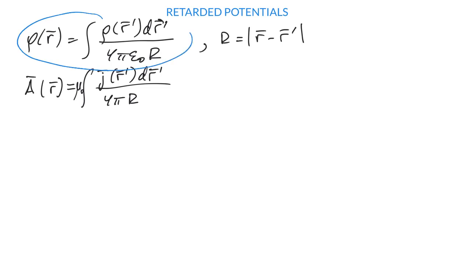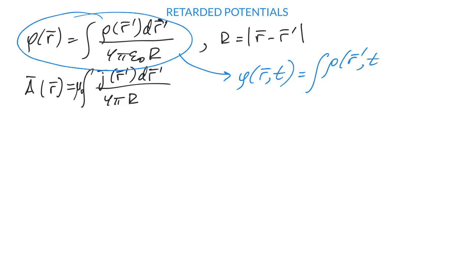In the time-dependent case, each of these expressions will be replaced by the following. Of course, now we have a time-dependent scalar potential, and the only modification is that here we substitute the charge density at point r prime at a time instant that is retarded, plus perhaps the solution of the homogeneous wave equation that corresponds to a free electromagnetic field.